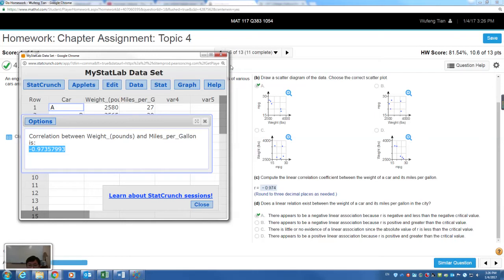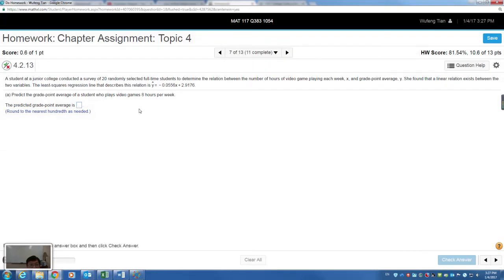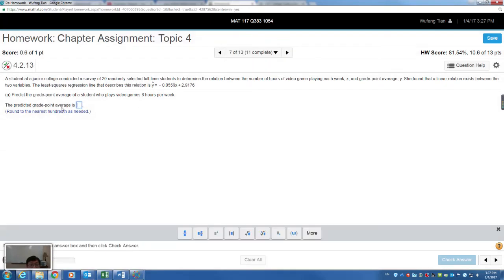Okay. Number 7 is similar, though not really the same. It's another one. But the predicted grade point, for 8 hours, means x equals 8. What is the y value?